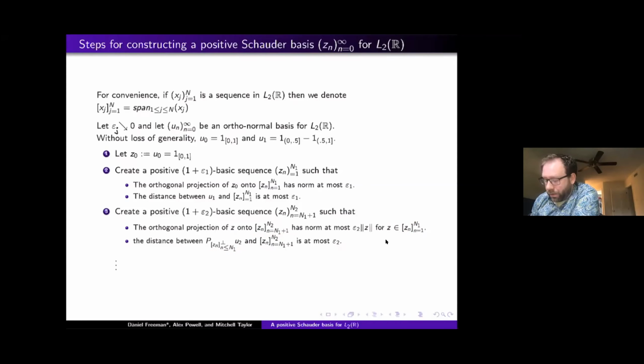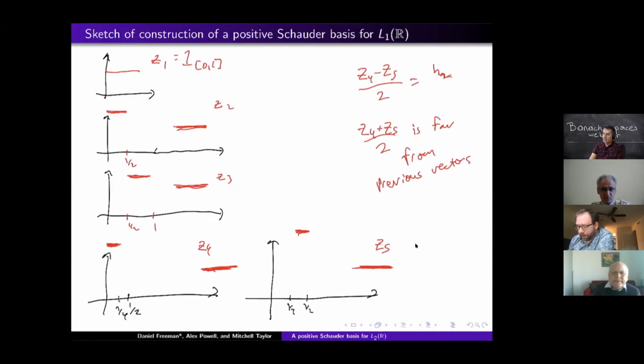And so if we look at the Johnson-Schechtman construction, the second Haar vector is actually orthogonal to all of the previous Z_n's.